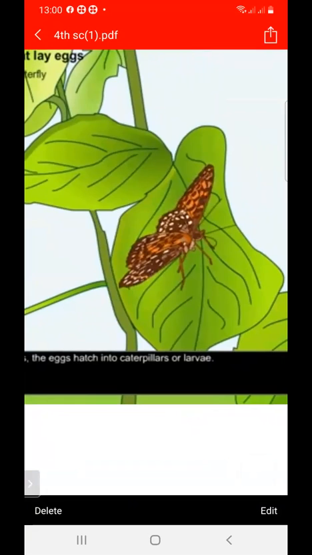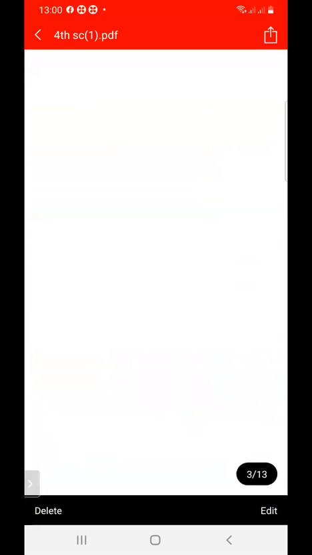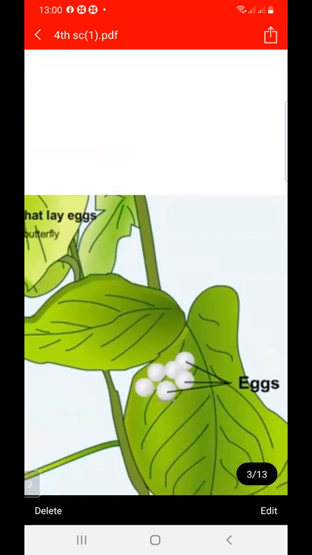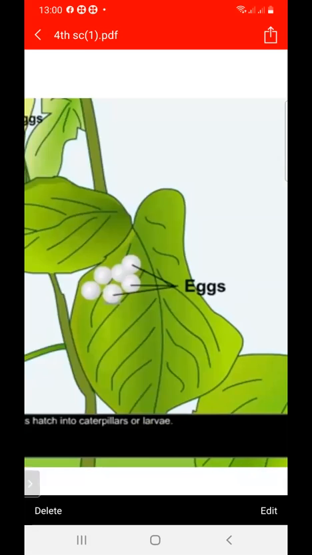Firstly, the butterfly gives egg, as shown in the figure. So this is the egg obtained from the butterfly.